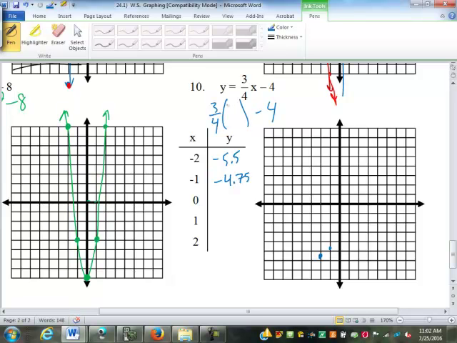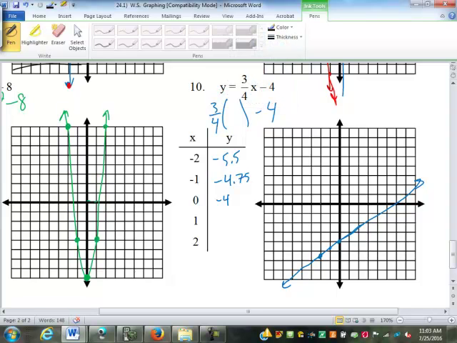Putting in 0, 3/4 times 0 is 0, minus 4 is negative 4. Right there. It's going to give us a line going across here like this. What do you think? Not so bad?